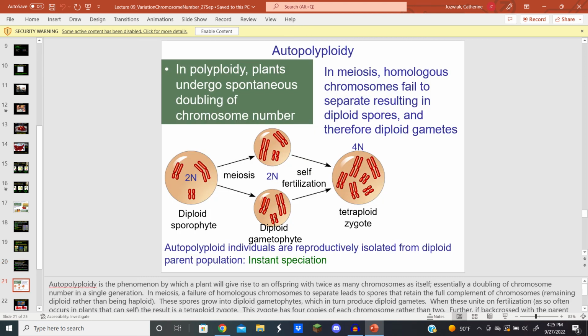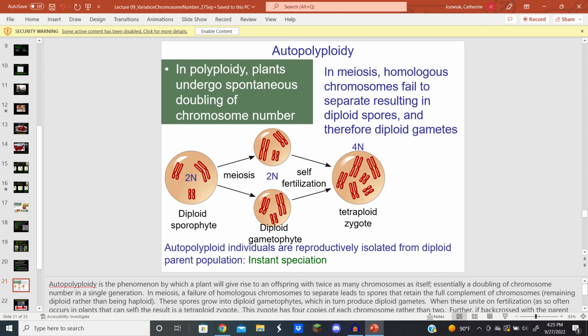Autopolyploidy is surprisingly more common but less known of the polyploids, and that's simply because by not putting any new sets of chromosomes together, you don't end up with any new allelic combinations. It mostly results in changes in dosage effects. Okay? But this happens when you have spontaneous doubling of chromosome number, right? So you can have a diploid adult plant, which we call a sporophyte.